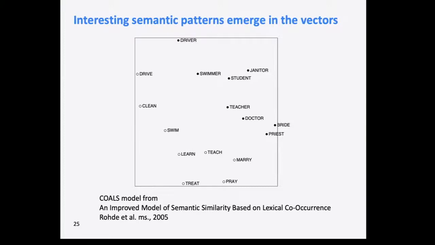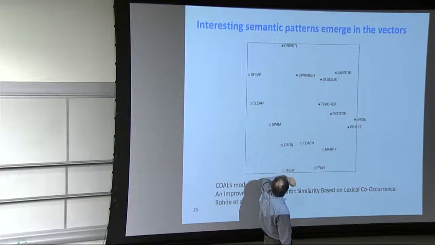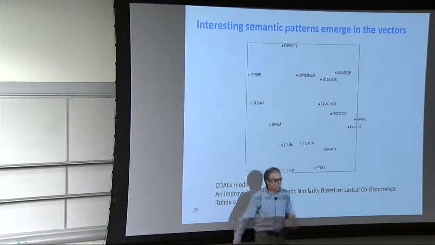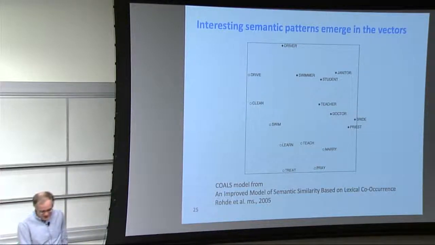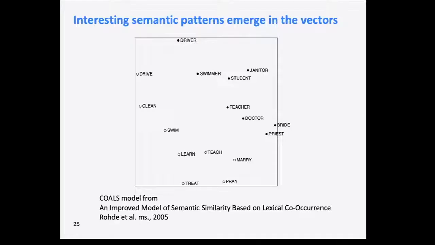So effectively, he had invented a vector space that would do well in analogies, because this means you've got this direction, which is the doer, and you can immediately say that's the doer vector, which you can get from subtracting clean from janitor, and then we can add it onto swim, and we'll get somewhere close to swimmer. So his space actually did do that. And so the moral in some sense is that if you carefully control the counts and so on, conventional methods can also give you good word vector spaces.